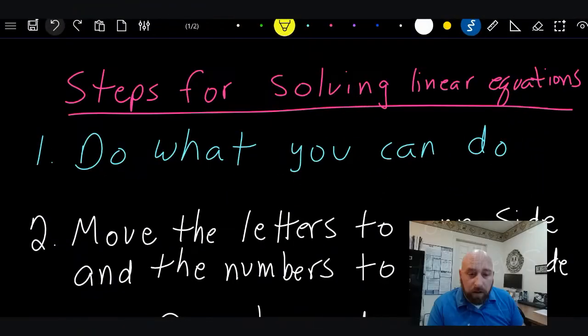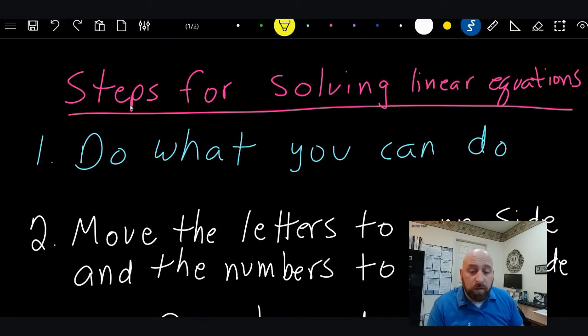When you put it on a graph, it gives you a line. We'll be doing that here in a little bit, but for right now we need to be able to solve them first before we can put them onto the graph. So linear equations, what are they, what do they look like, and how do we solve them?